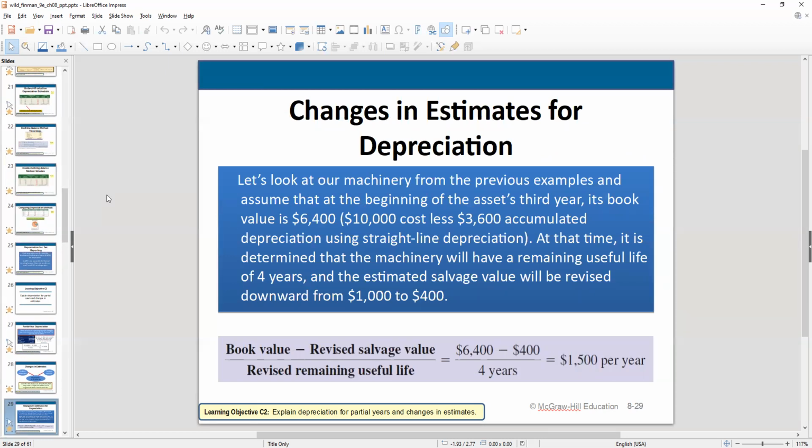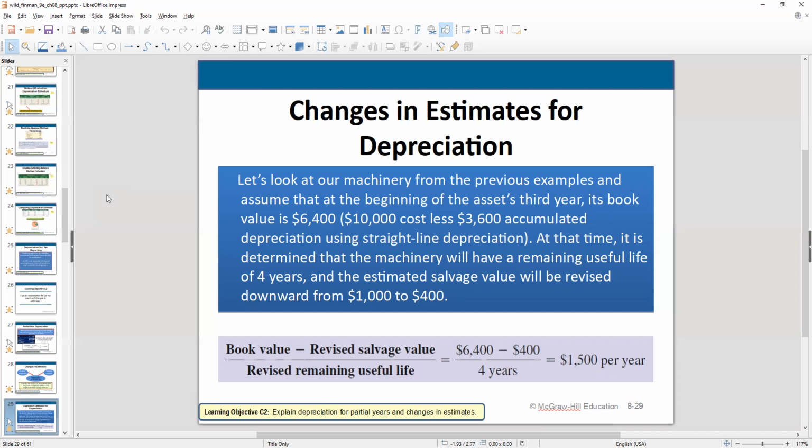So in our example here, we're going to look at the same machinery that we looked at previously. Okay. At the beginning of the third year, the machinery value was $6,400. Okay. And that's 10,000 minus the 3,600 in accumulated depreciation. And we're using straight line method. It's determined the machinery will have a remaining useful life of 4 years instead of just 3, or 2 rather.